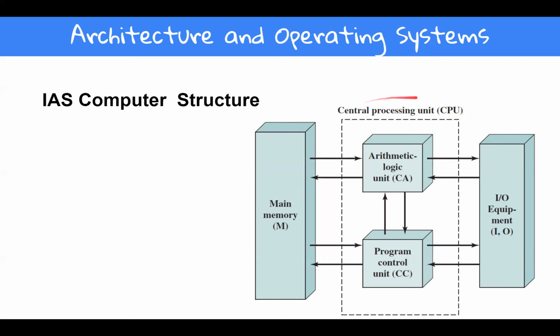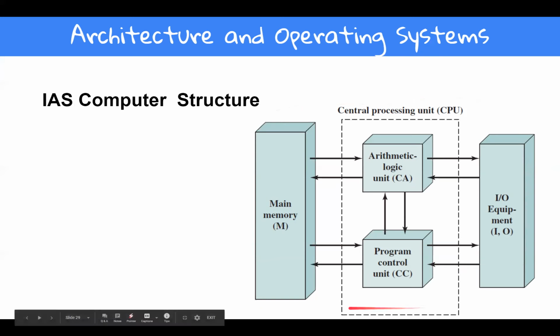Also, we've got the CPU, the central processing unit. In the CPU, we've got the program control unit, CC, and the ALU, the arithmetic logic unit. And also we've got input and output devices. So this is the main structure of the von Neumann machine that we will discuss in more detail later.